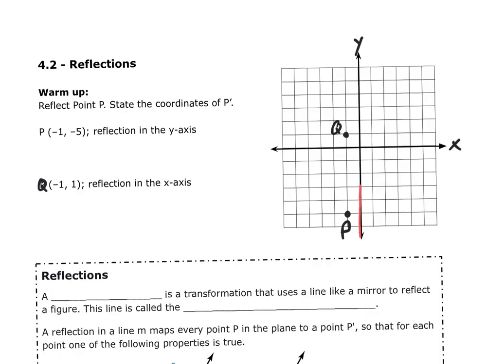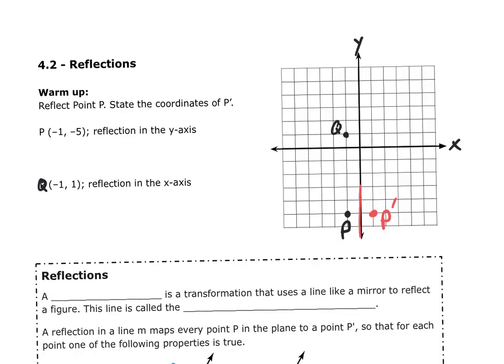It's 1 to the left, right? So when I reflect it, I'm going to go 1 to the other side of that line. So because we're 1 to the left, I'm going to move 1 to the right. And our new point would be right here, and we're going to call that P prime. That's all there is to it, okay?